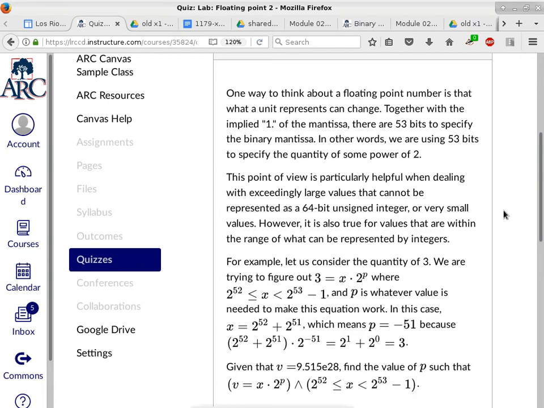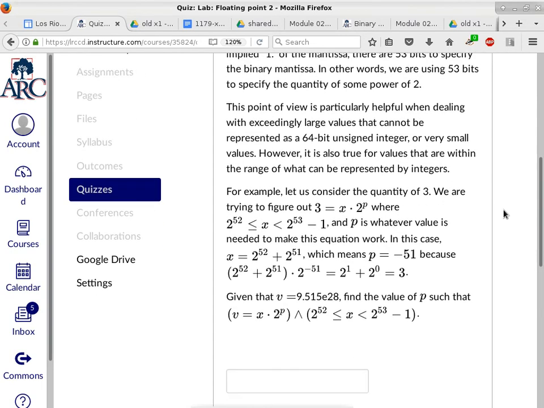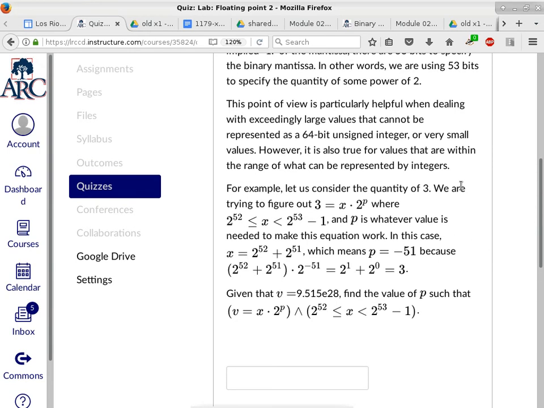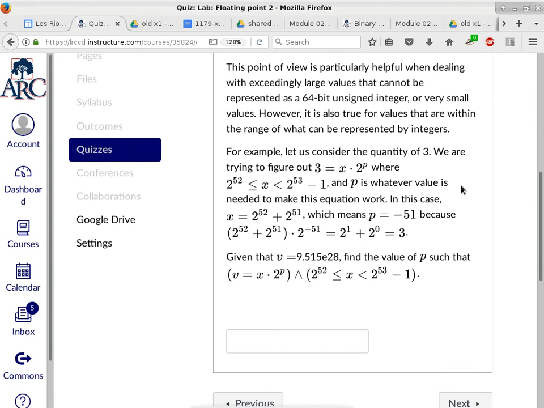Okay, so this question is actually the reverse of that. There are several restrictions. In this question, I want to express some kind of value, v, as some kind of quantity x times some kind of unit of 2 to the power of something.